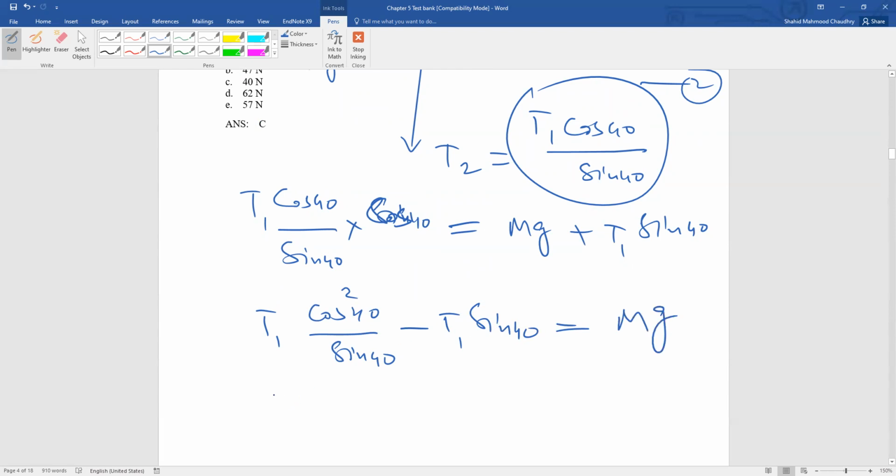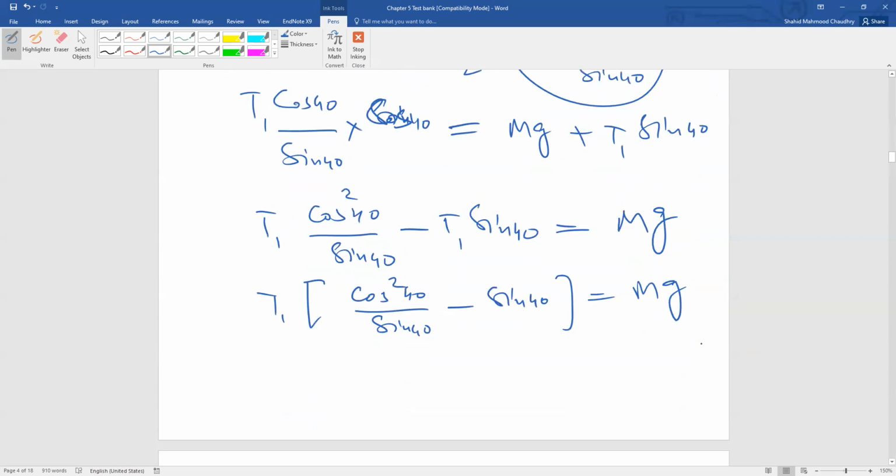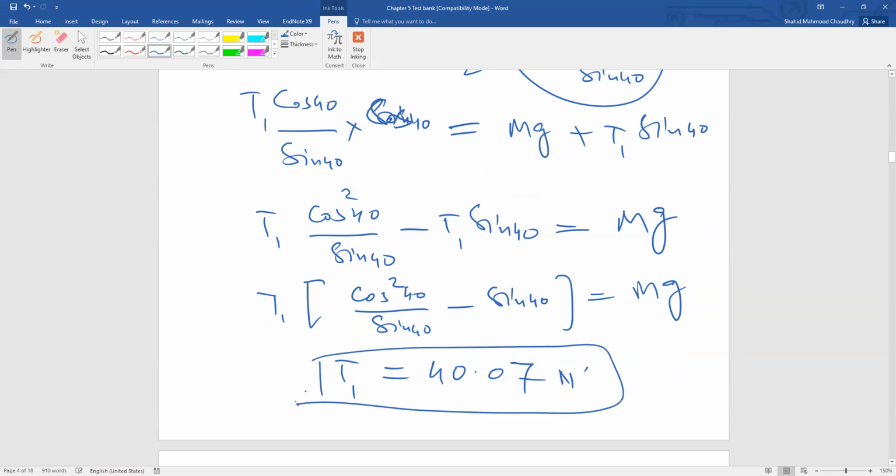So here you can take T1 common: T1 times (cos square 40 divided by sine of 40 minus sine of 40) is equal to mg. Now you can put the values and solve it for T1. I'm just writing the answer, 40.07 Newton. So this is the answer.